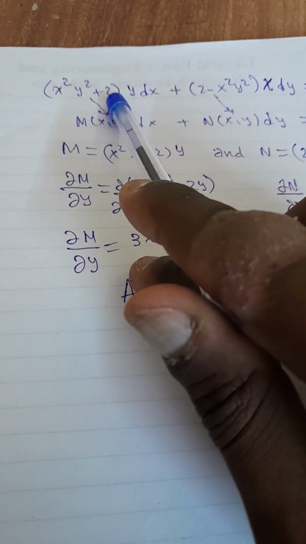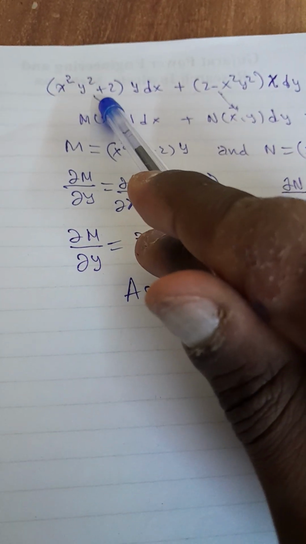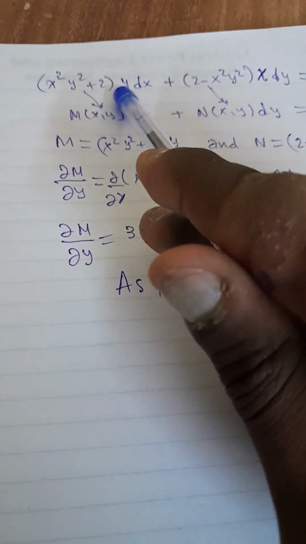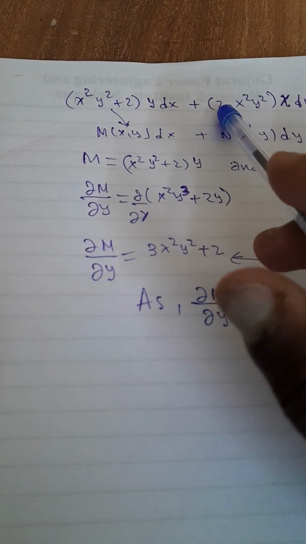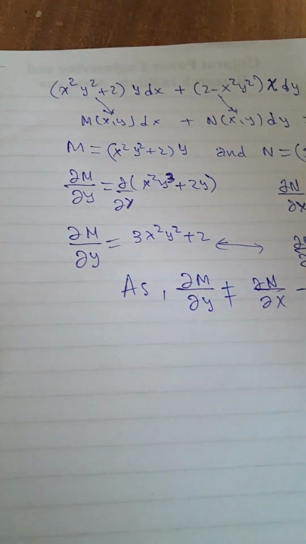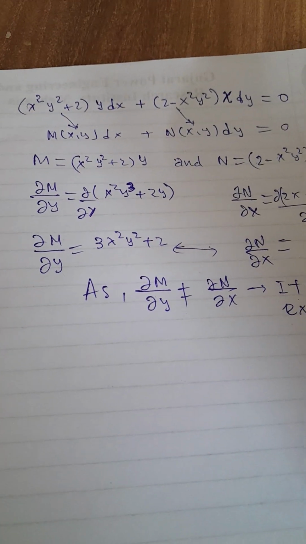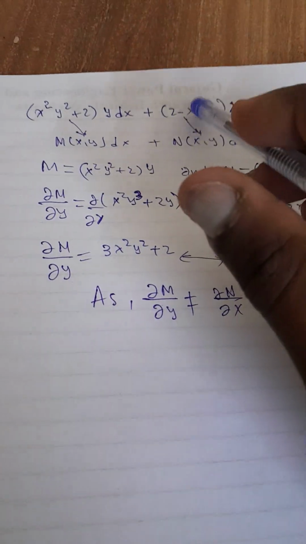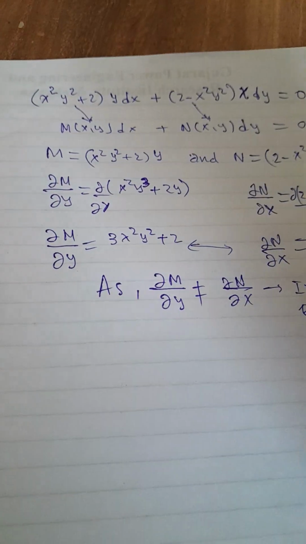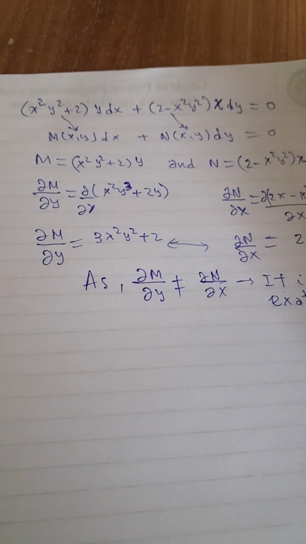When you multiply, this will be 1, 2y, and here it will be 5. All the monomials here have different degrees, so we cannot consider this a homogeneous function.